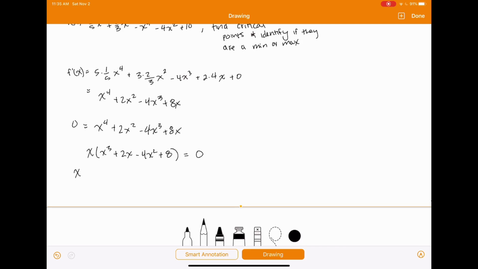So I'm going to do x times x cubed minus 4x squared plus 2x minus 8.